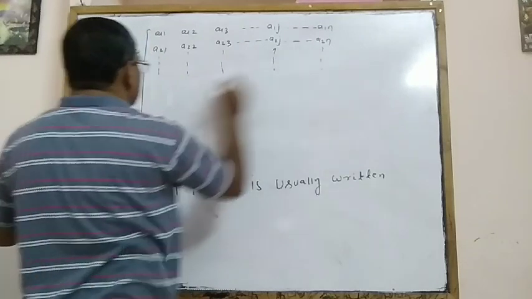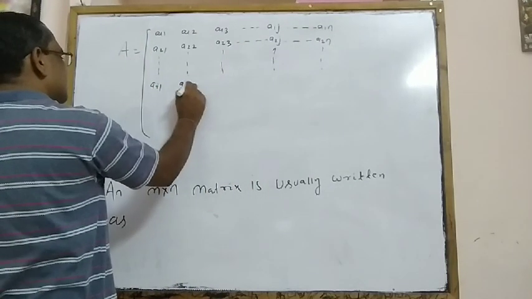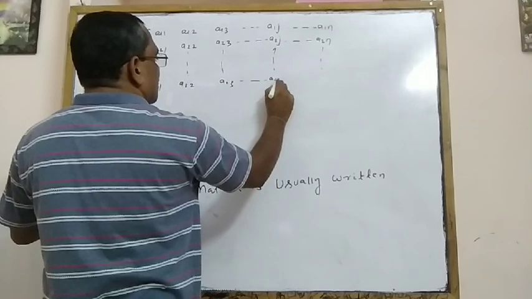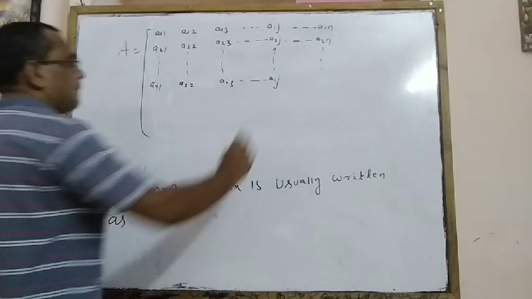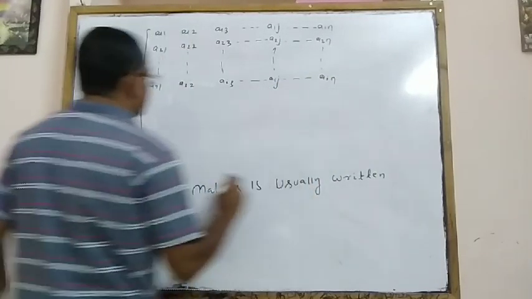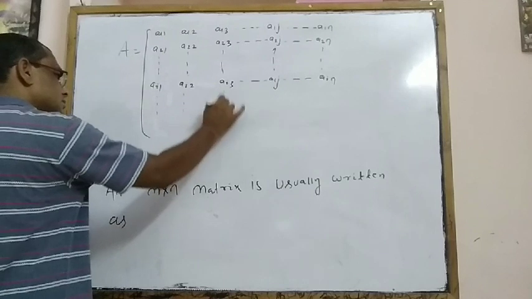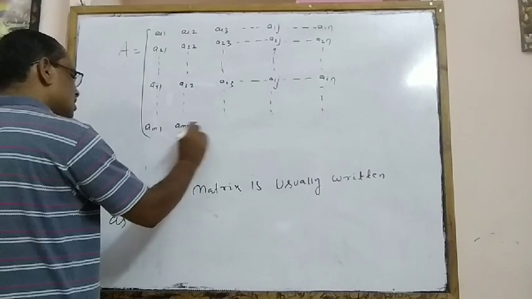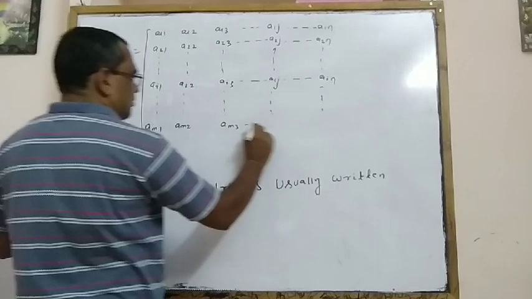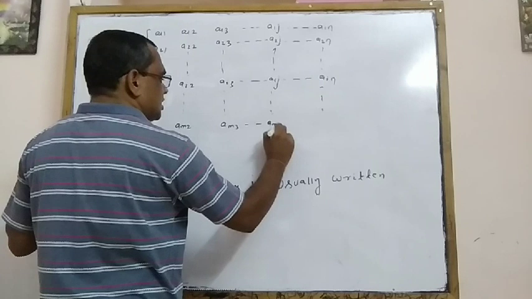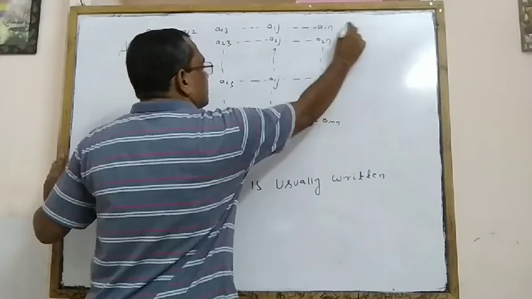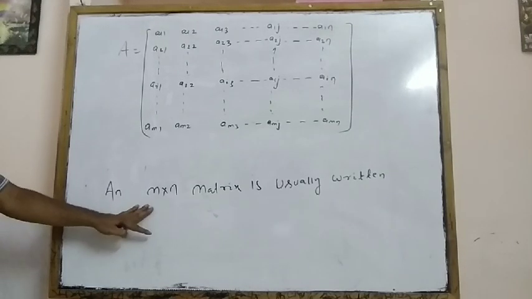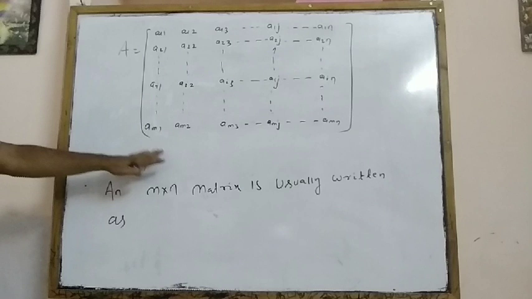Next, write the ith row: Ai1, Ai2, Ai3, Aij, Ain. Then write the mth row: Am1, Am2, Am3, Amj, Amn. So an m cross n matrix is usually written in this way.